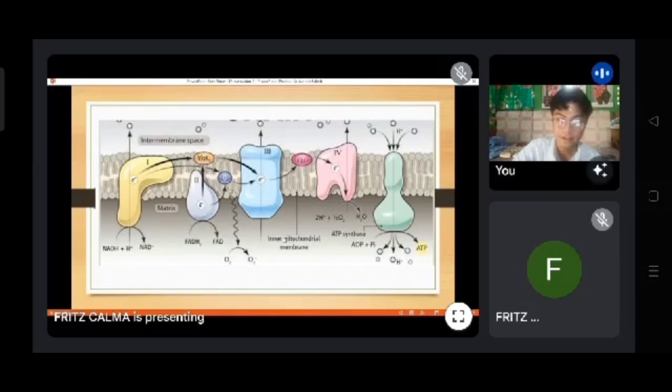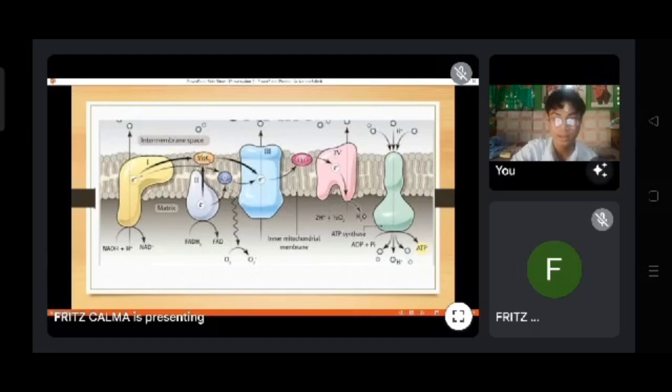Si NADH will give off its electron, and once na nag-give off na yung electron na yon, magkakaroon tayo ng pumping of hydrogen ions from the matrix papunta sa intermembrane space. Si NADH will become NAD plus and hydrogen ion, and then simultaneously FADH2 will deliver its electron to complex 2.